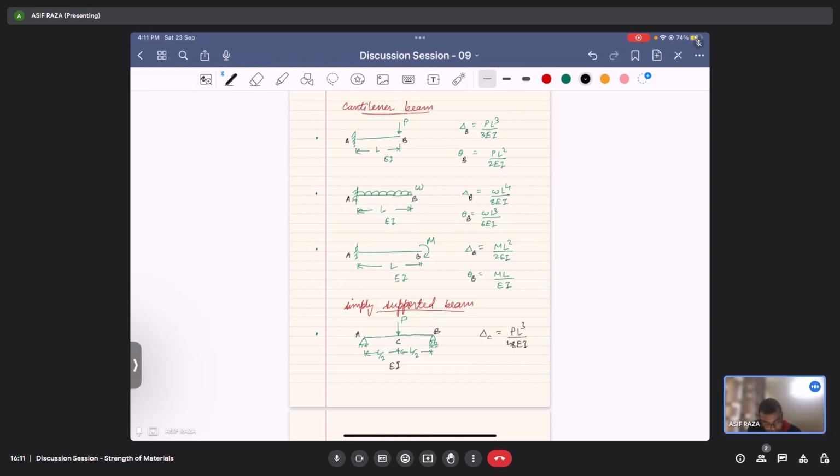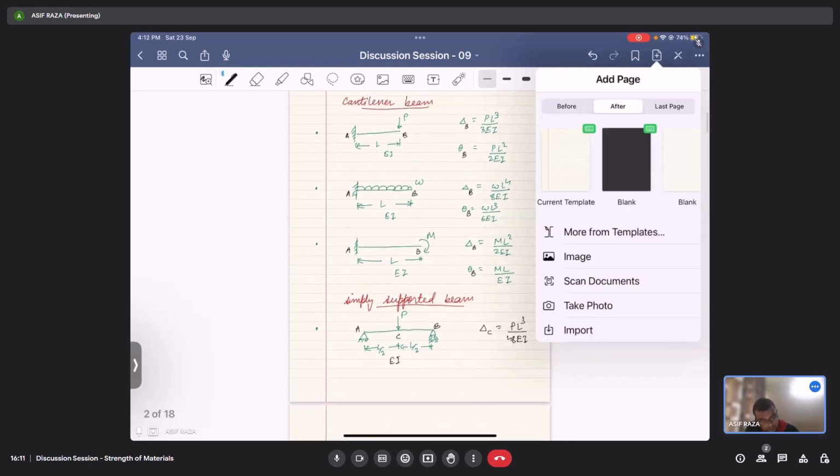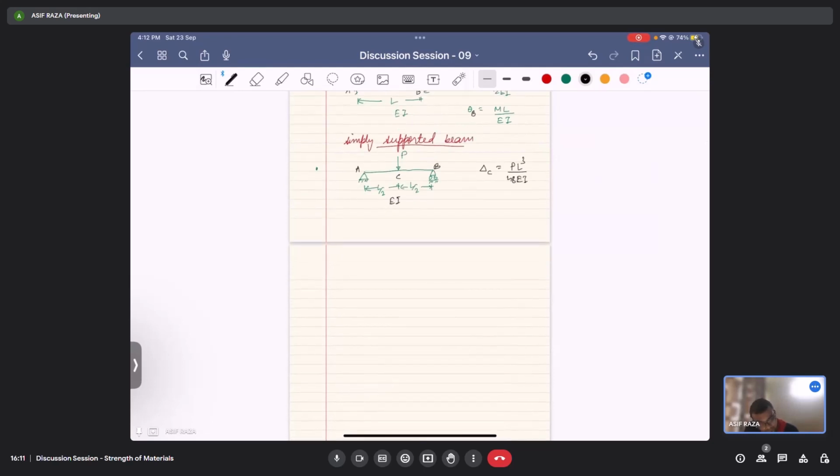And one last one that you can remember is the case when there is a UDL, where W is the UDL, A, B, C with C the midpoint, and EI is the flexural rigidity.